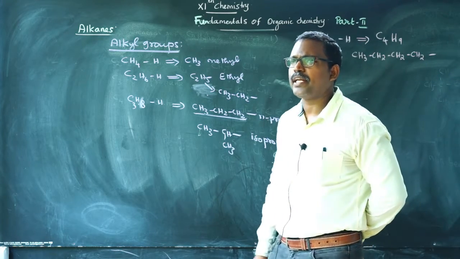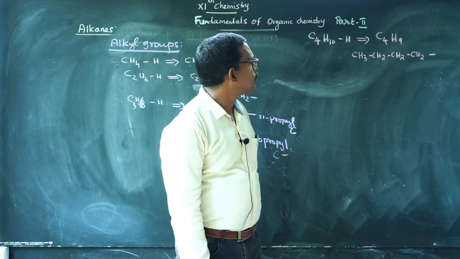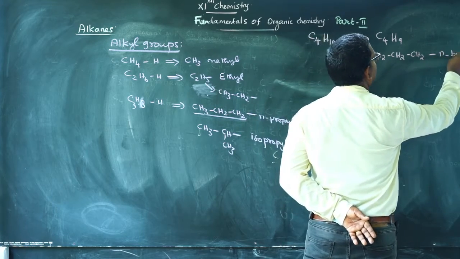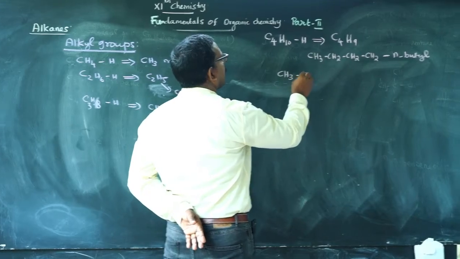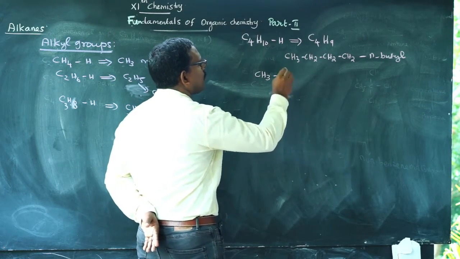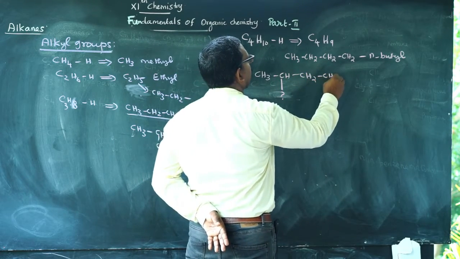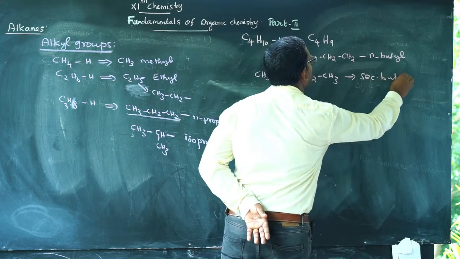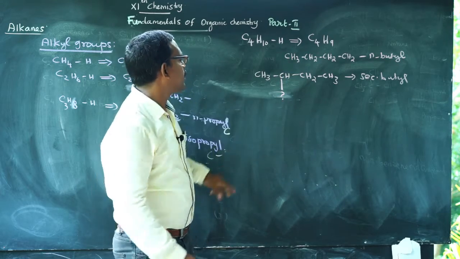From butane, when one of the hydrogen atoms is replaced, we get the group called n-butyl. From the secondary carbon, when one of the hydrogen atoms is replaced by a functional group, this compound is called secondary butyl. This is n-butyl, and this is secondary butyl.